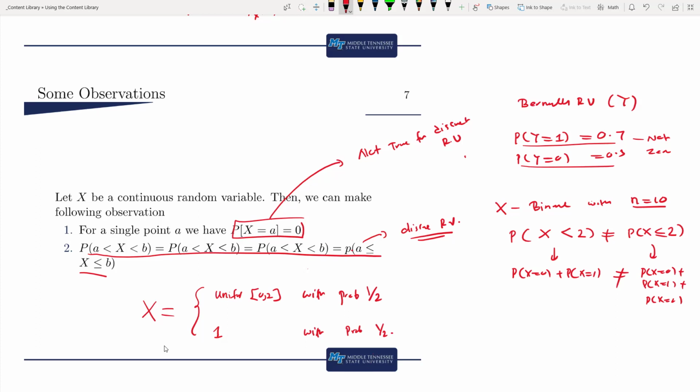So if you have this kind of distribution, then basically you will have a mixed distribution.